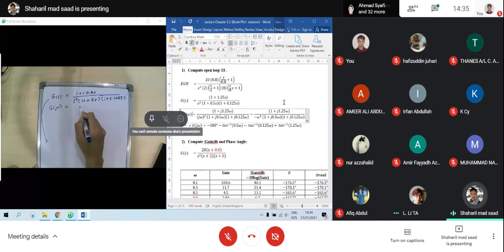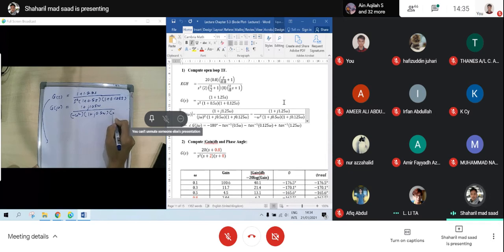Then you get j1.25w divided by minus w squared times 1 plus j0.5w times 1 plus j0.125w. But you need to find the magnitude.